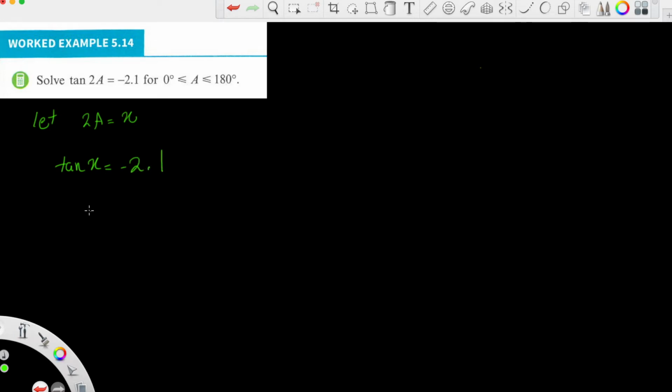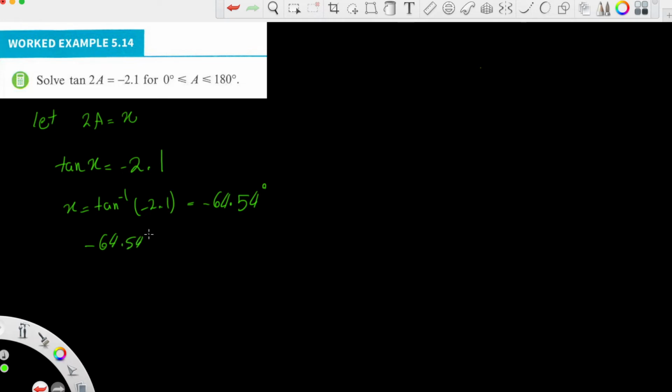First step, we take tan inverse, so tan inverse of negative 2.1 is going to be equal to negative 64.54 degrees.